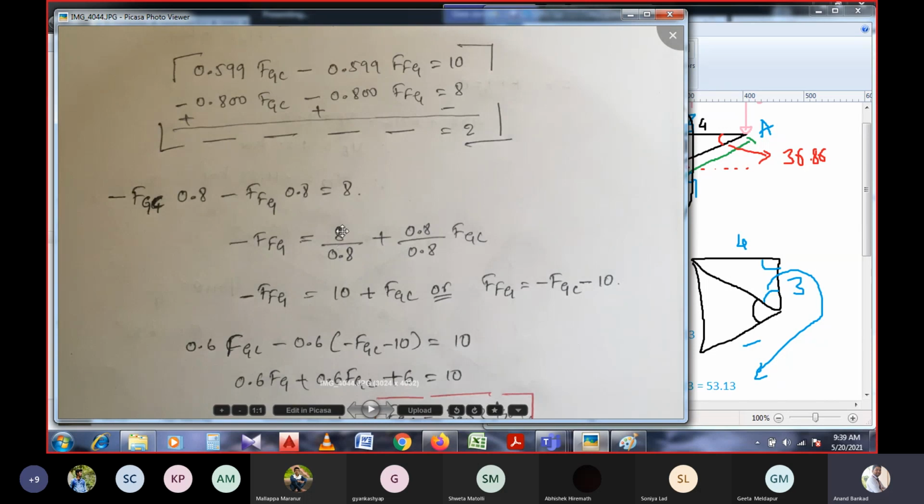So again it will be FGC minus FFG equals 10.